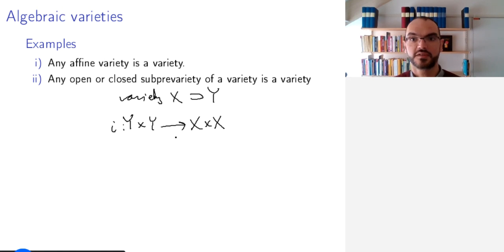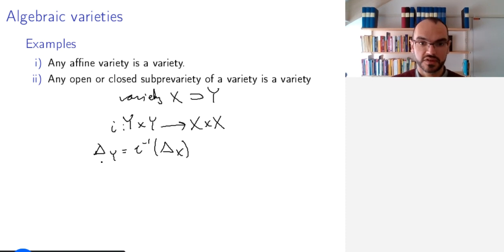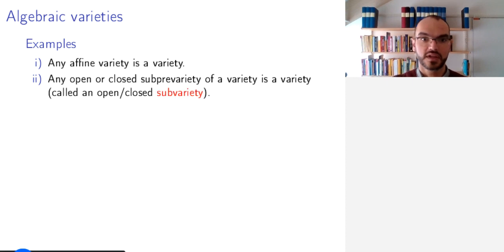This exists by the universal property of the product. And then you check that the diagonal in Y is just the pre-image of the diagonal in X. And so it is closed because delta X is closed because X is a variety. So you drop the prefix pre and talk about open and closed sub-varieties.